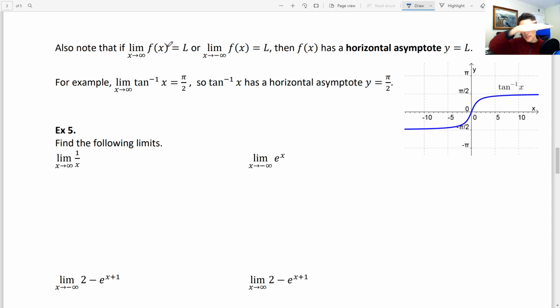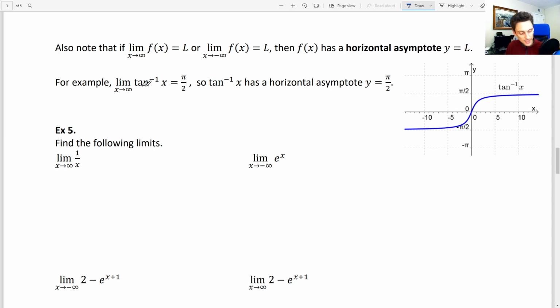That's a line that the graph is going to get closer and closer to as x moves to the right, as x goes to positive infinity, or as x moves to the left towards negative infinity. So in either case, if the limit as x approaches infinity of f of x is equal to L, or as you go to negative infinity, you get L as well, then you're going to have a horizontal asymptote y equals L.